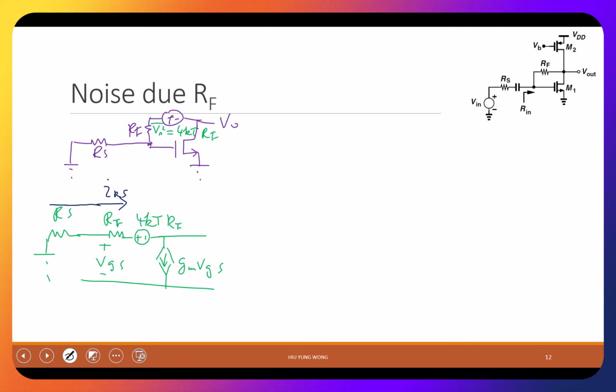Then, of course, 0 minus VGS divided by RS equals to IRS. Is that okay? 0 minus VGS, but this point is VGS, divided by RS equals to IRS, right? So this one gives me what? It tells me that VGS equals to negative RS times IRS.